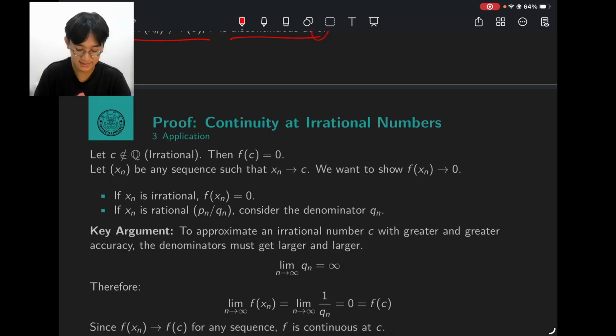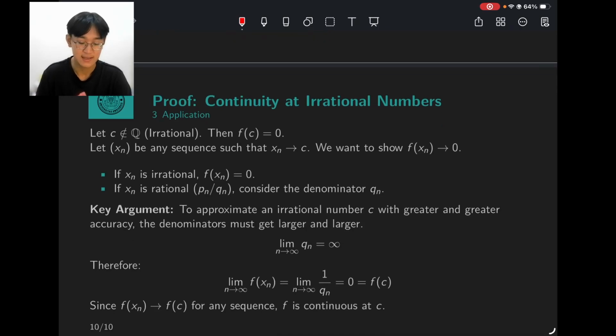Now let's prove the continuity at irrational numbers. So we take an irrational number c. By the definition, f(c) is always 0. But we want to show that for any sequence, when xn goes to c, f(xn) goes to 0, which is f(c).